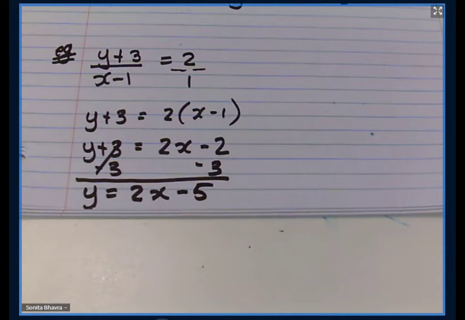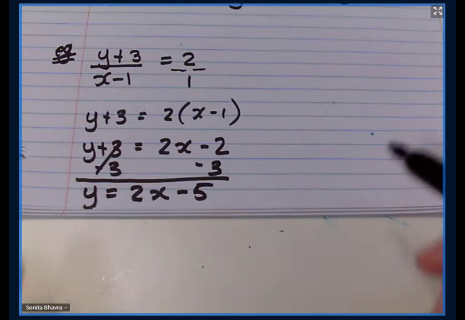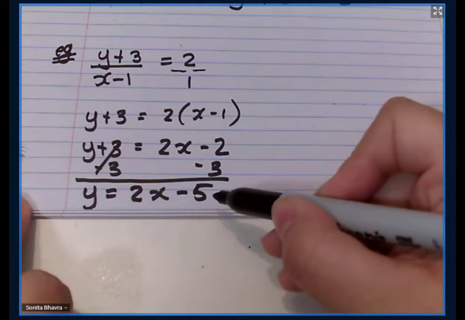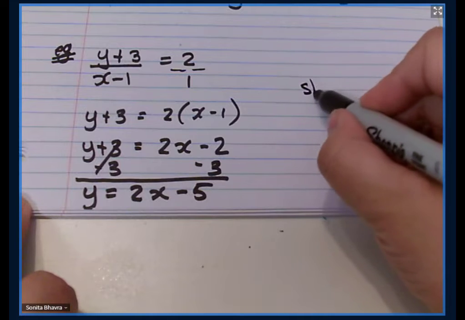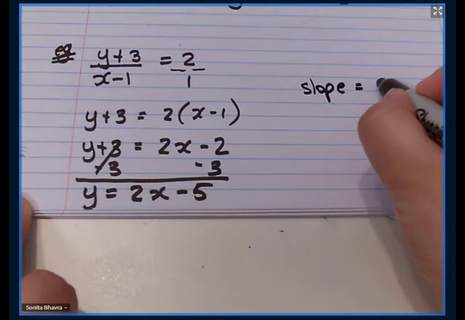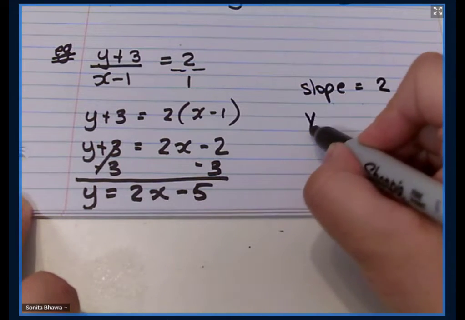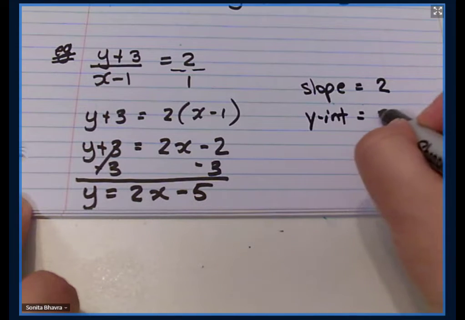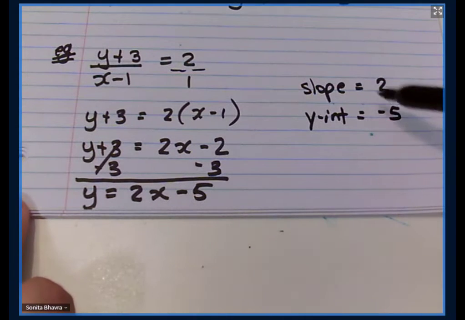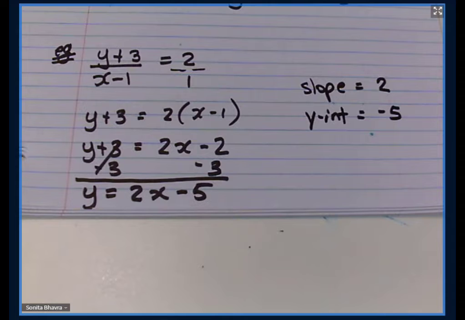All right, and I'm just going to show the graph one more time. But from our y equals mx plus b form here, our slope is equal to 2, and our y-intercept is -5. So slope is positive 2. That means our line should be going up, and it should be crossing at -5 on the y-axis.